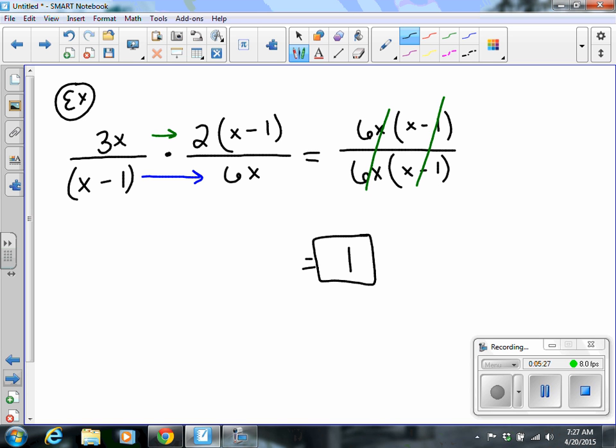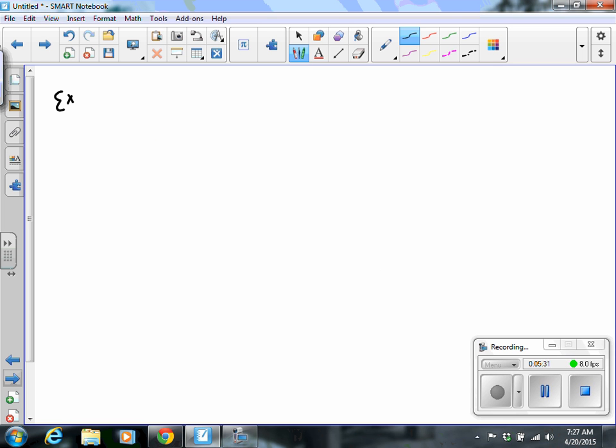All right, so let's do another one of these. Let's say that I have 3x minus 6 over x minus 1 times negative x plus 1 over 3.